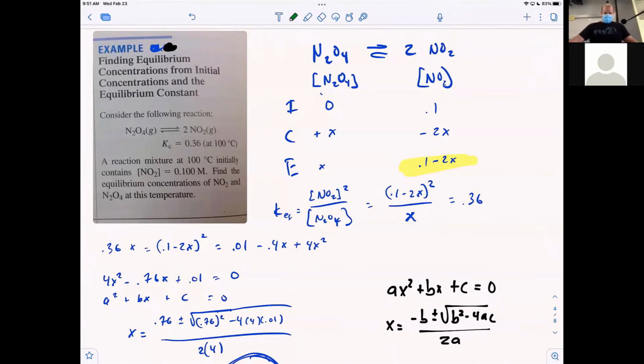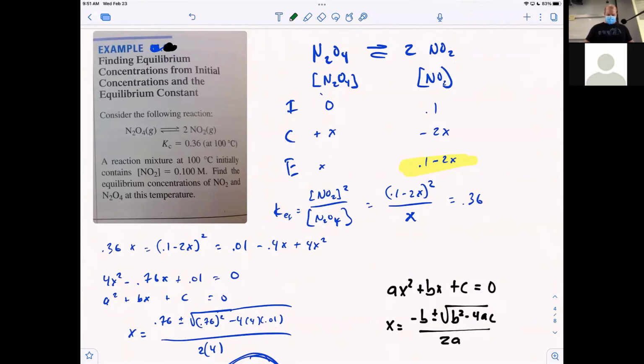We gain X extent of reaction for the reactant, and we lose 2X from the products because there's a 2 here. And then we're given the equilibrium values: X for the reactant, 0.1 minus 2X for the products.